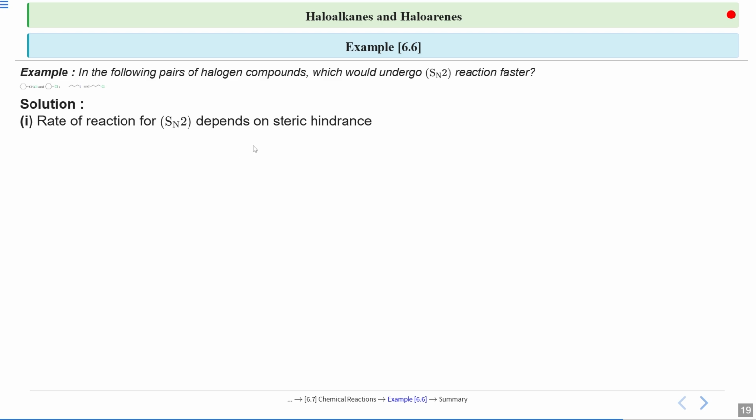So the rate of reaction in the SN2 reaction depends upon the steric hindrance, so that the incoming nucleophile will not face any kind of steric hindrance. If there is more steric hindrance, the rate of reaction will be slower. It will be difficult for the incoming nucleophile to attack the carbon and form the bond.